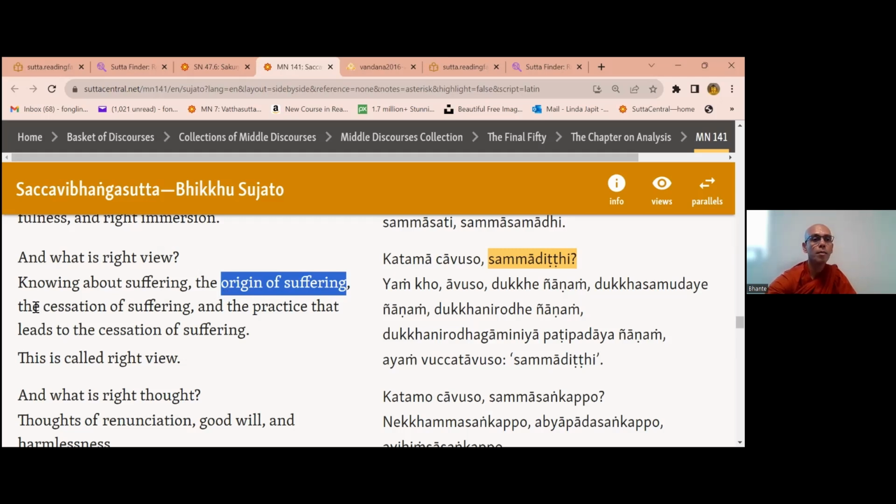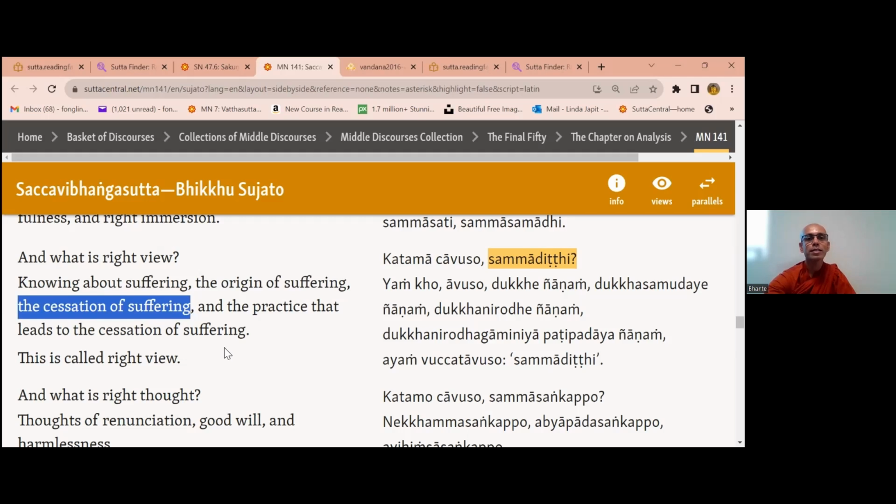And then the third noble truth is the cessation of suffering. What is the cessation of suffering? The very cessation of craving is the cessation of suffering. If you don't have that craving, we have no suffering. Does that make sense?